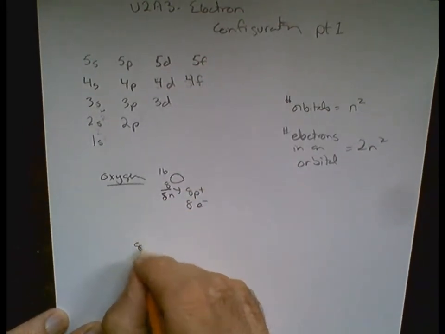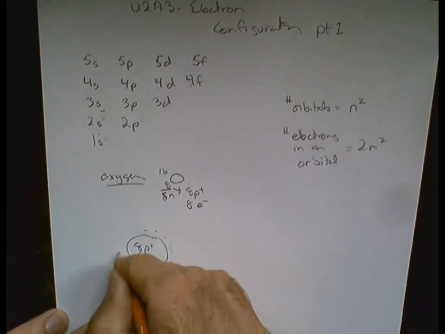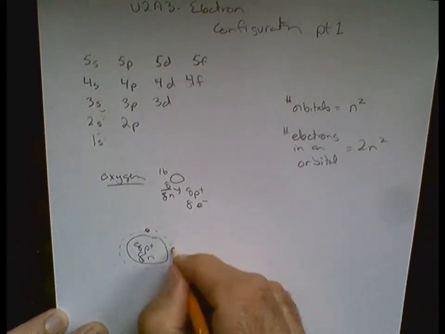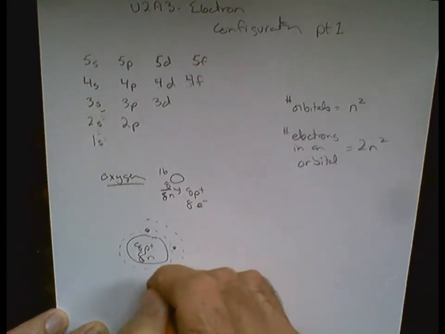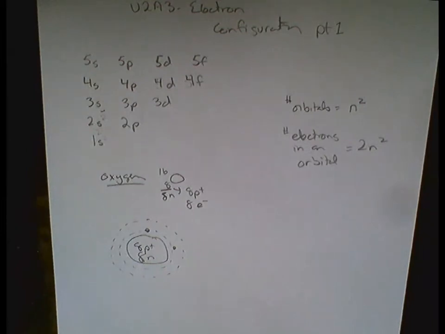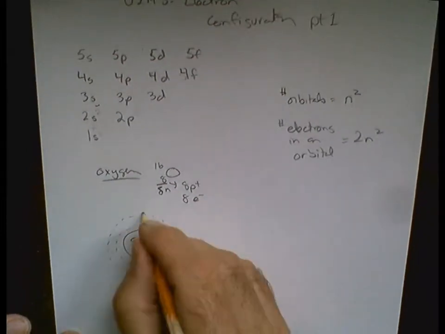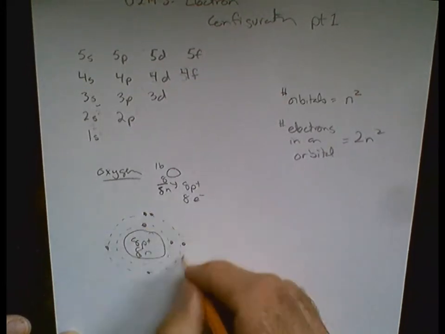I'm going to put my protons in the nucleus, put my neutrons in there, and start adding my electrons. Now the Bohr-Rutherford diagram came about through McGill University. It was one of the players, and it was just trying to show us what an atom looked like. So when you put your electrons in, 1, 2, 3, 4, then partner them up.